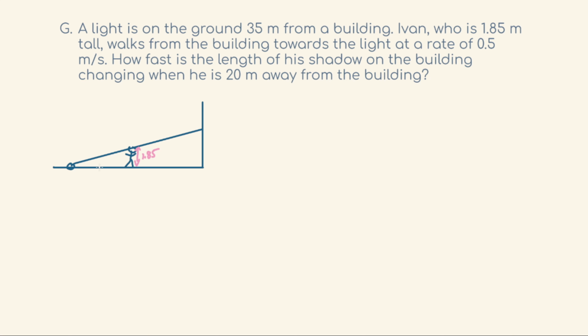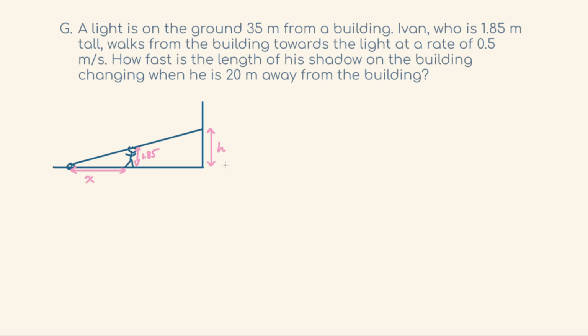So let's make a variable here because the distance between him and the light is going to change as the scenario plays out. So we need a variable here. Let's call this distance between Ivan and the light x. And let's say the height of his shadow, we can call that h.